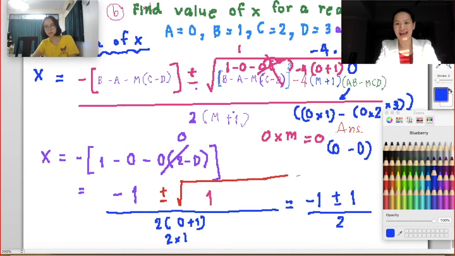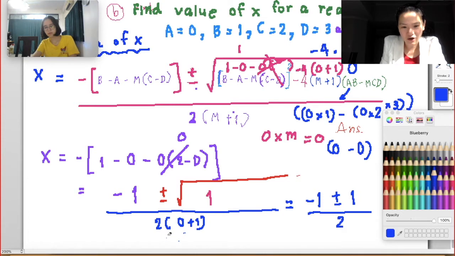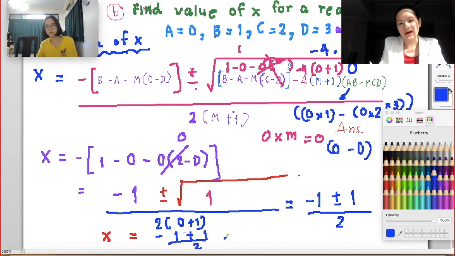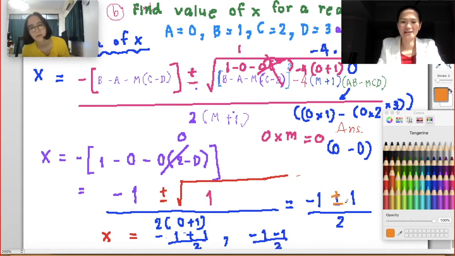So x equals negative 1 plus 1 over 2, and another one is negative 1 minus 1 over 2, because it is plus or minus.